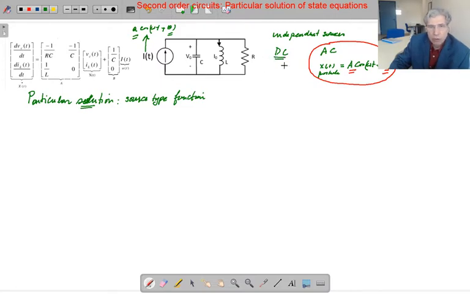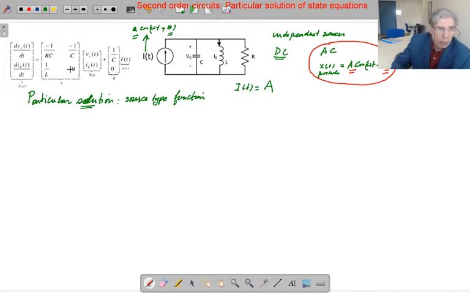How are we going to examine it? By definition, I know that it's going to be the source type. So if I(t), the independent current source, is a constant, let's say it is capital A. It could be 5 volt, 6 volt, 10 volt, whatever it is.